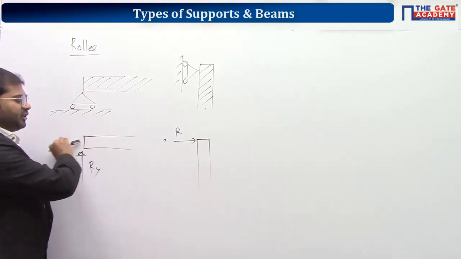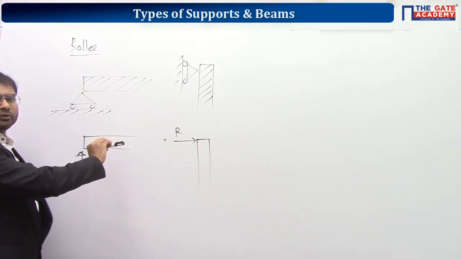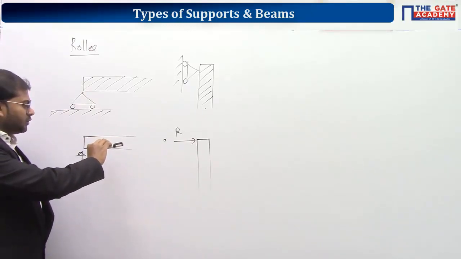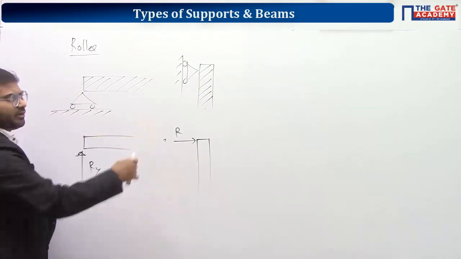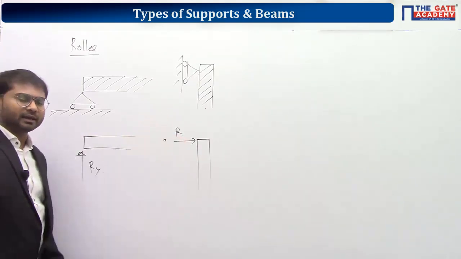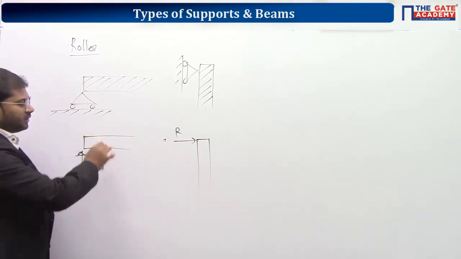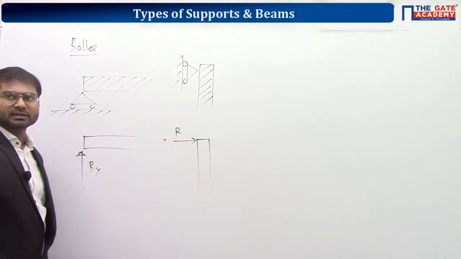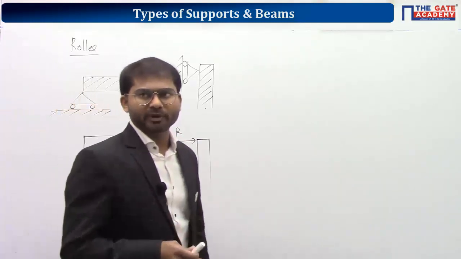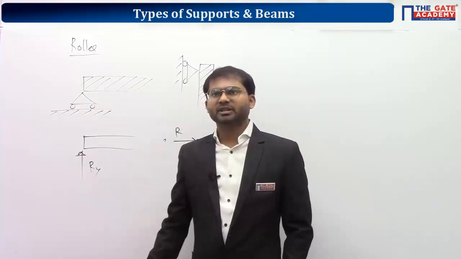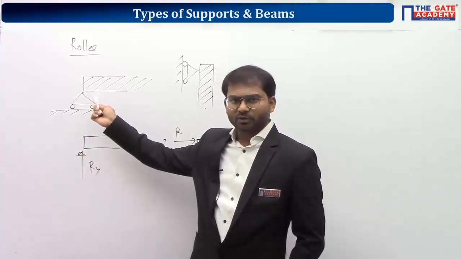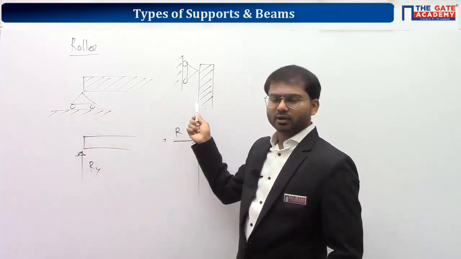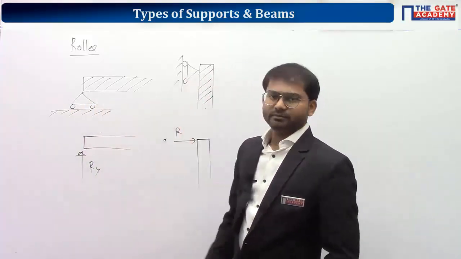Because it is free to move in the horizontal direction, there is no restriction at all. Clear? So we'll not be putting any restrictive force in this direction, or Rx in this direction, or Ry for this particular diagram. And here the member is free to rotate about the point, so we'll not be putting any restrictive or reactive moment. That means, as stated, vertical deflection is prevented. That is the case for this example. If you take this example, horizontal deflection is avoided.